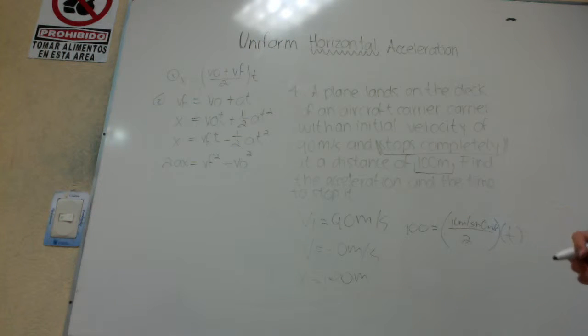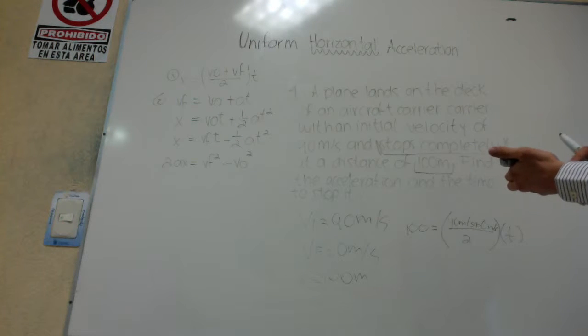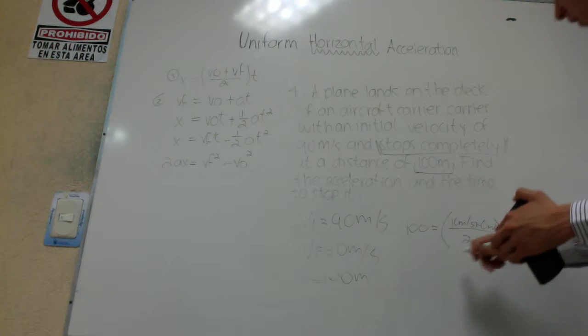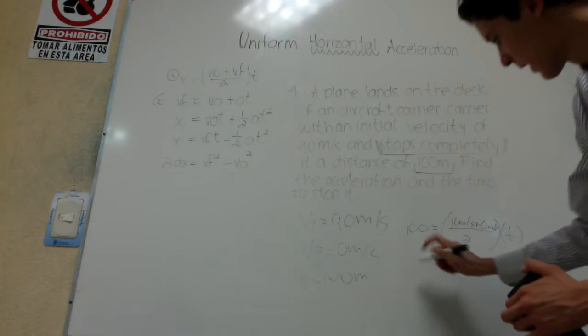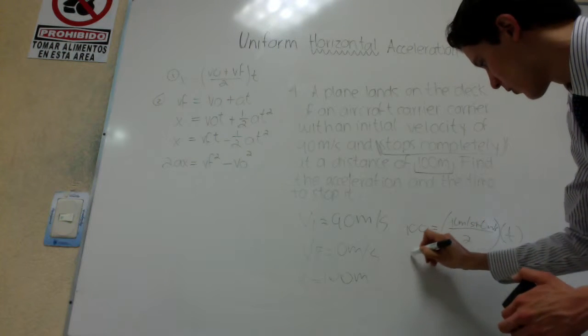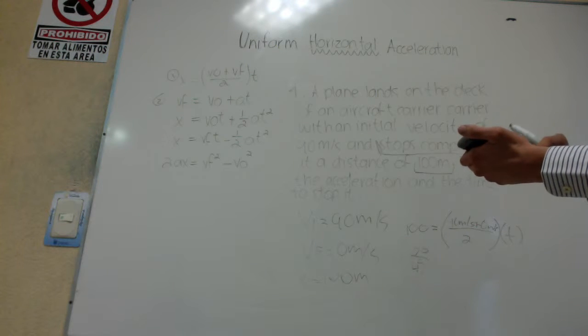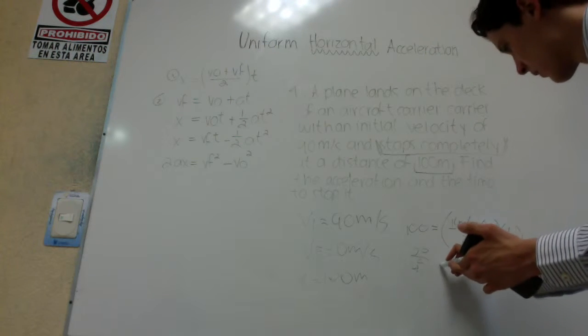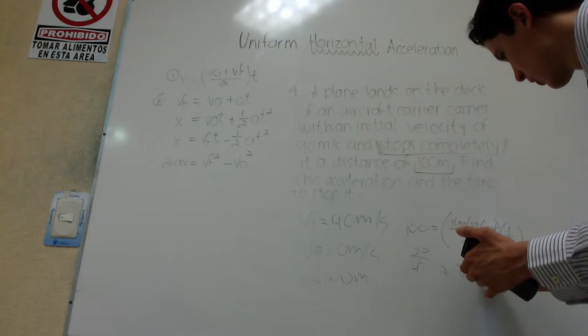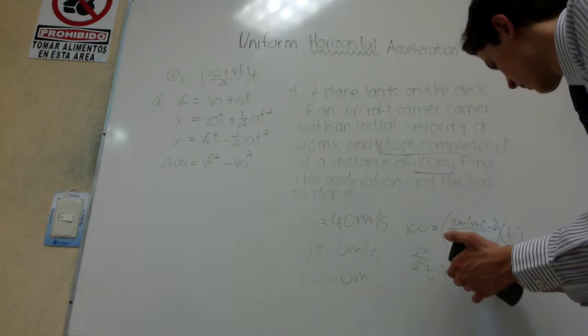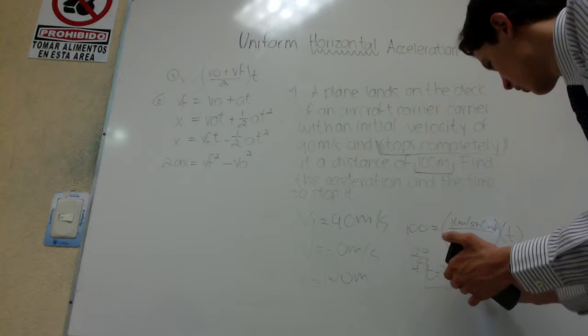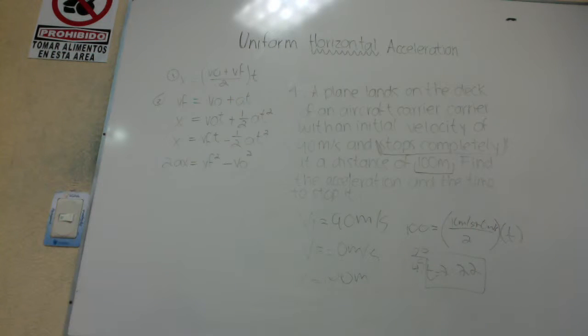So I'm going to solve the following. I'm going to pass this down. This is multiplying, so it must go dividing. 100 divided by 45 will be 2.22 seconds. The time is 2.22 seconds.